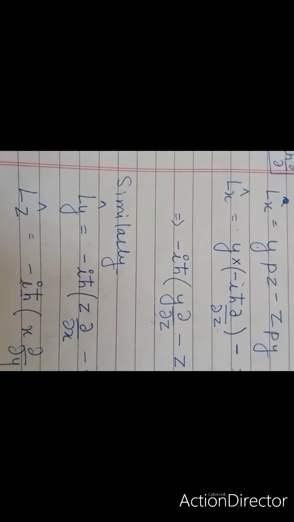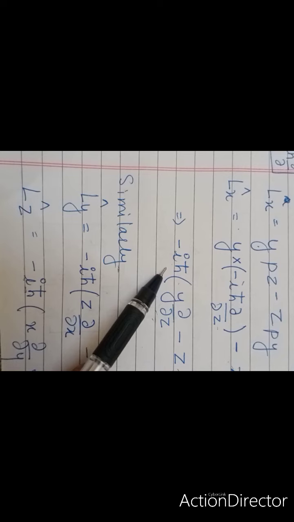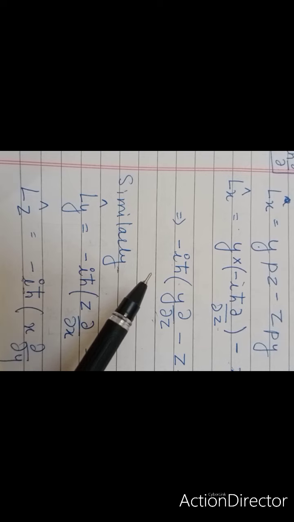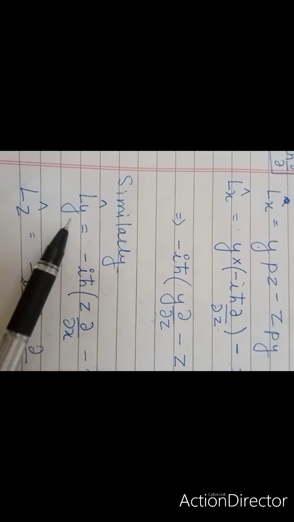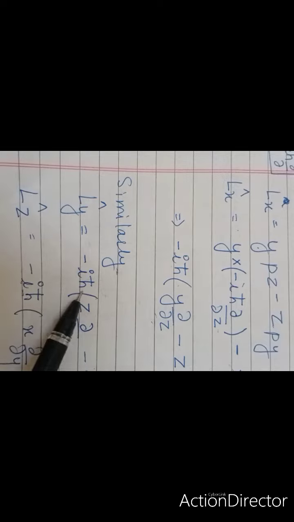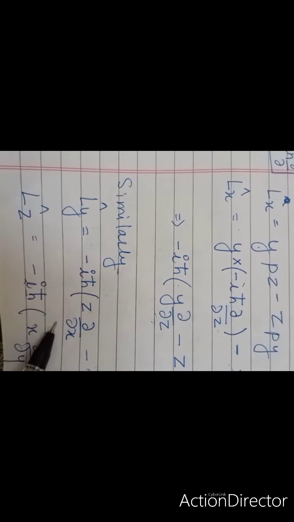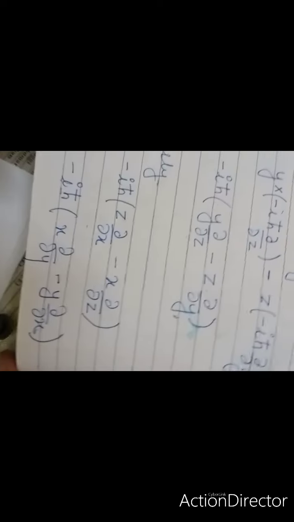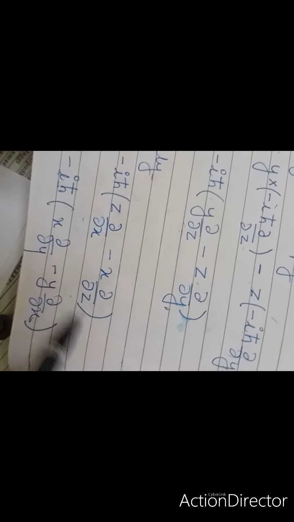Now you will find similarly the value of Ly, just like this. You put the momentum operator, that is minus i h cut del by del. So you will get minus i h cut times z del by del x minus x del by del z.